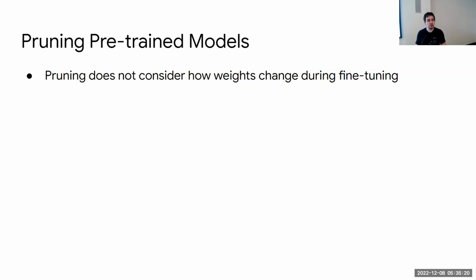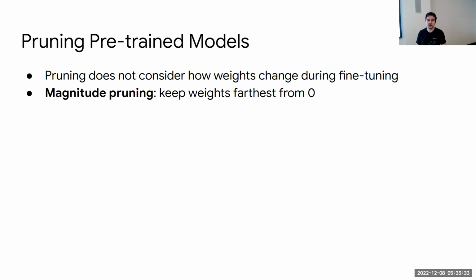So for better pruning of these pre-trained models, we should consider how the fine-tuned parameters actually change from our pre-trained initialization. The magnitude pruning that we've seen before, as I mentioned, just looks at the magnitude of the model, so how far the final fine-tuned parameters are from zero, which doesn't take into account the original starting point from the pre-trained initialization.